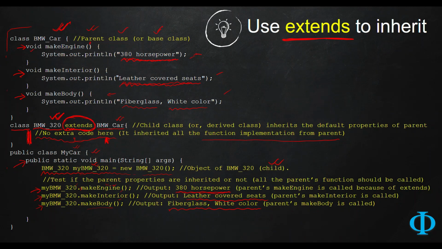So that is about the extends keyword. Use this extends keyword to check whether your child class is inheriting all the default properties from the parent or not. And I strongly recommend you copy and paste this code to check whether these outputs are correct or not, just for the clarification of your understanding.